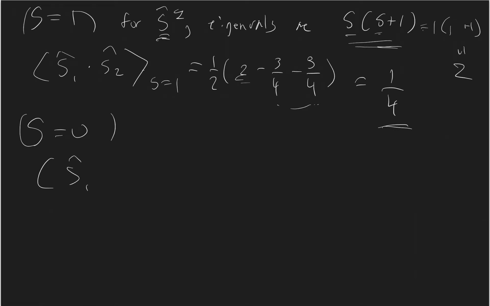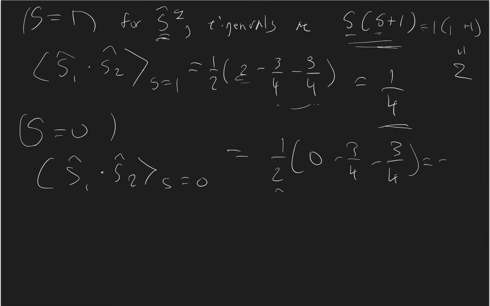Okay, my bad. And this one, on the other hand, we'll just evaluate for S equal to 0, and this will give 1/2 times 0 minus 3/4 minus 3/4, which is 1/2 times negative 3/2, so negative 3/4.